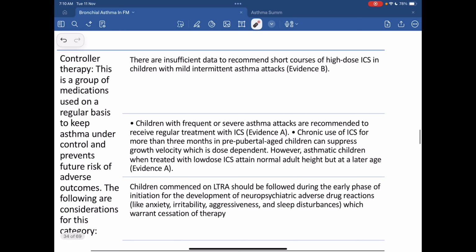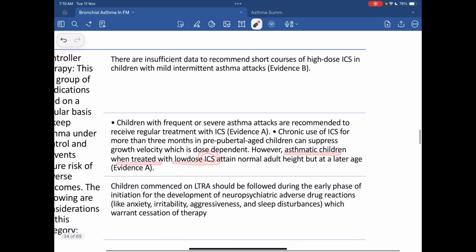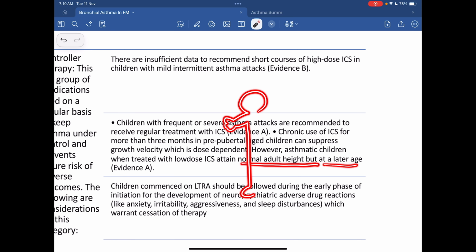Yes, puberty, he will be a bit delayed in height, but asthmatic children when treated with low dose inhaled corticosteroids attain normal adult height but at a later age. It's delayed but it doesn't mean he will stay short, it's all good.